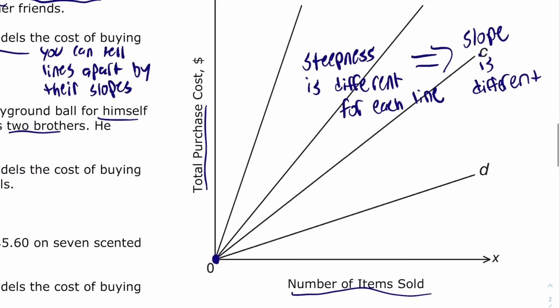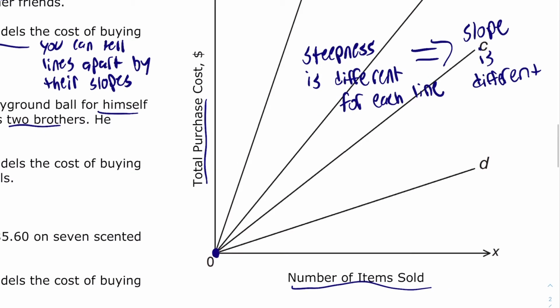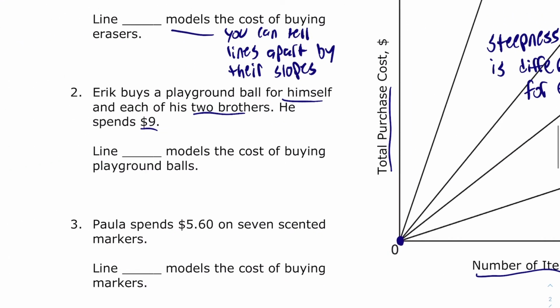If we look at the graph, the dollars are the y's and the number of items are the x's. So whenever we do the unit rate, we'll put the $9 on the top of the fraction because that's the y. And then how many toys did he buy? He bought 3 toys.